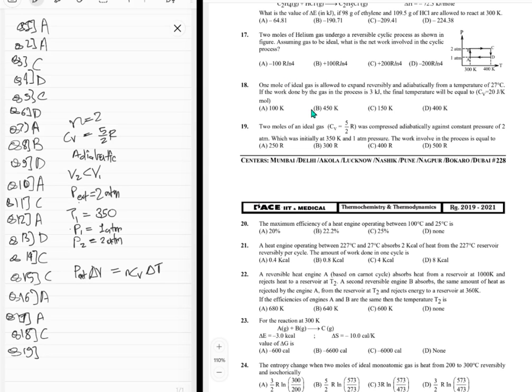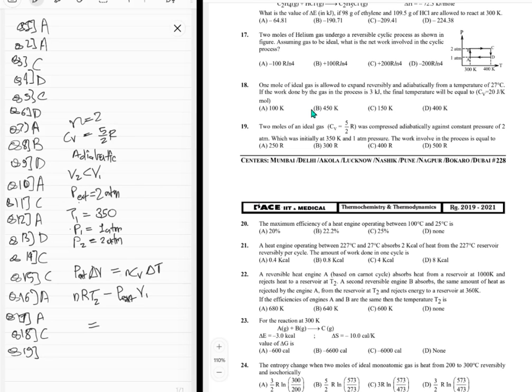So now we know P2 and we don't know V, right? But we do know that P external times V is the same thing as nR T final, or let's say T2, minus P external times V1.